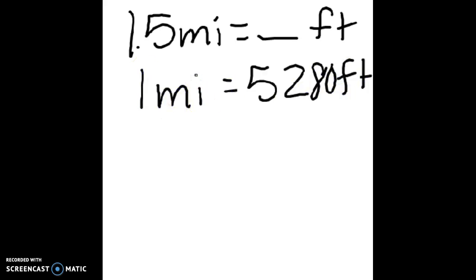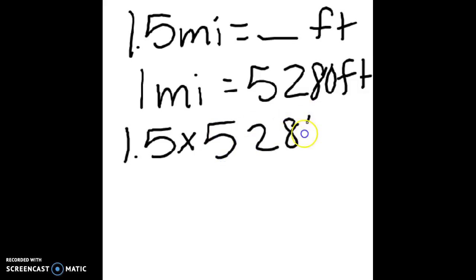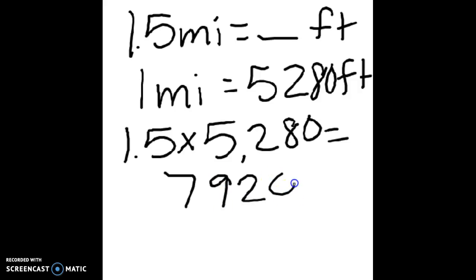So if I take the number of miles I'm given and multiply it times the number of feet in 1 mile, I should get how many feet are in 1.5 miles. So when I multiply that out, and yes, you can use a calculator, you're going to get 7,920 feet in 1.5 miles. Again, I'm checking for reasonableness. A mile is the bigger measurement, so I should have fewer of them. I have way more feet than miles, so I could estimate that I am correct.